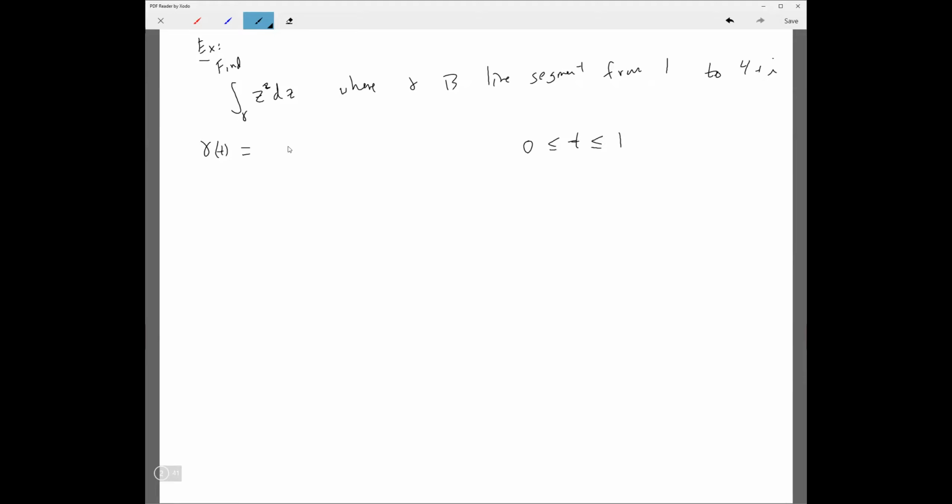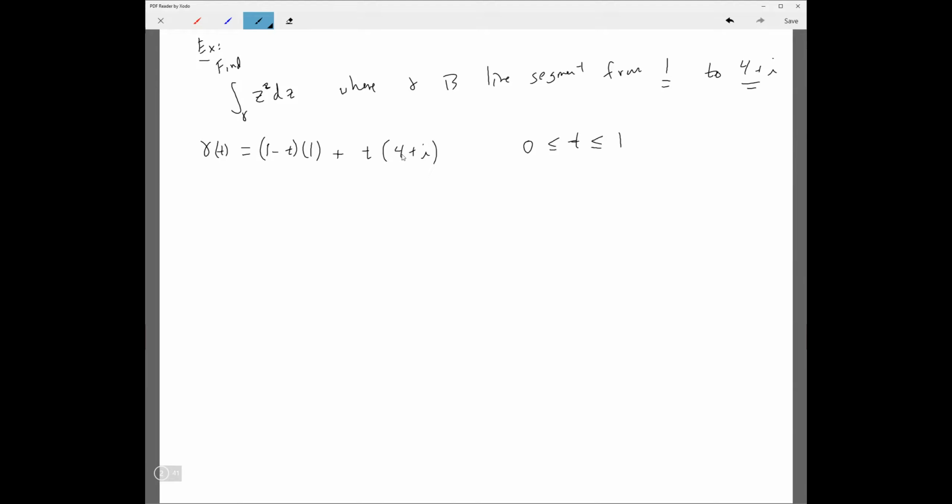Do you guys remember, we wanted to go from here to here. Do you remember how to set the gamma of t up? Anybody remember? 1 minus t z1. Yes, 1 minus t times the beginning point plus t times the ending point.